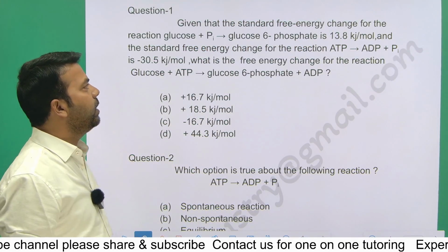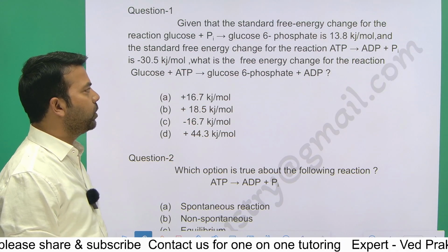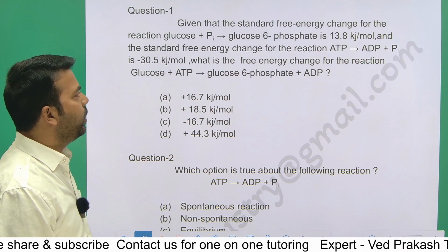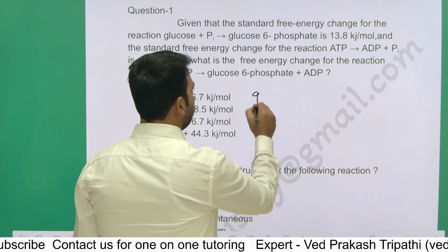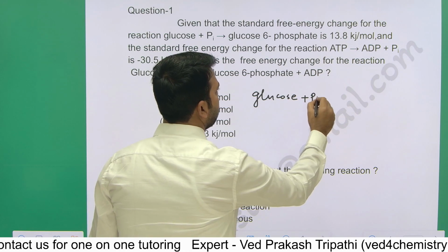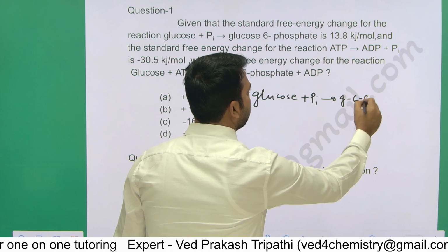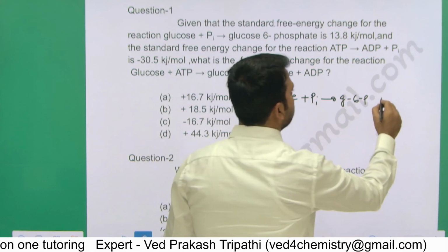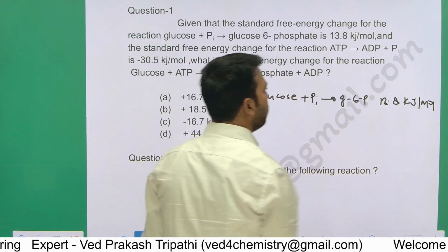Given that the standard free energy change for the reaction glucose plus Pi gives glucose 6-phosphate is 13.8 kilojoule per mole.